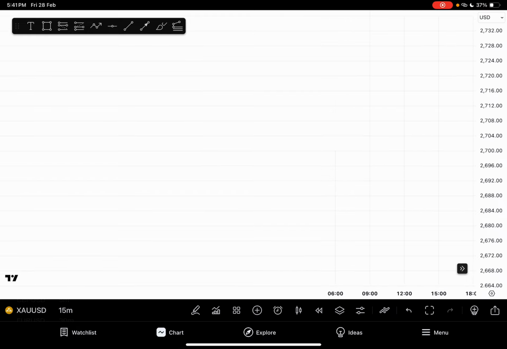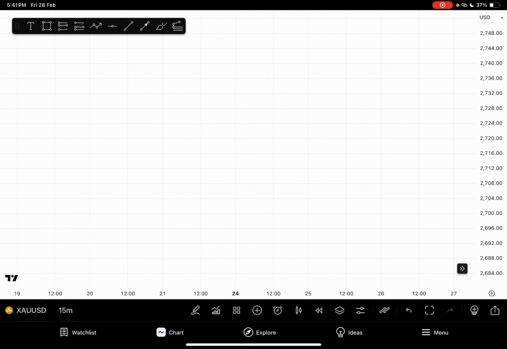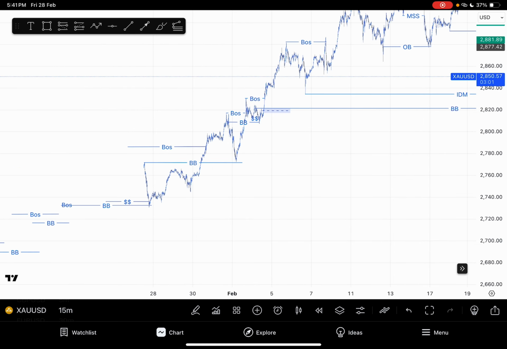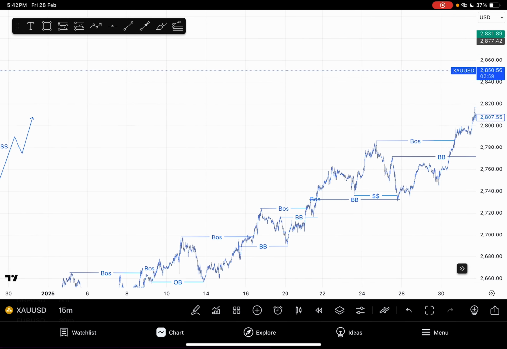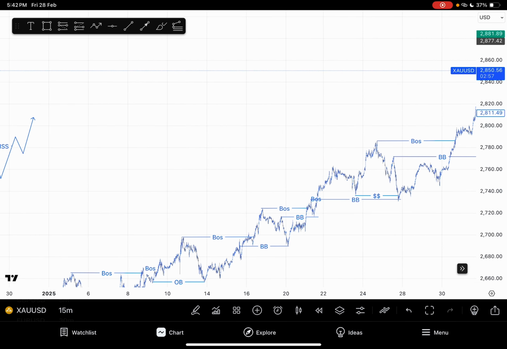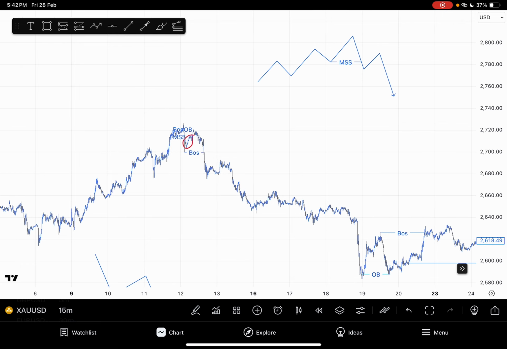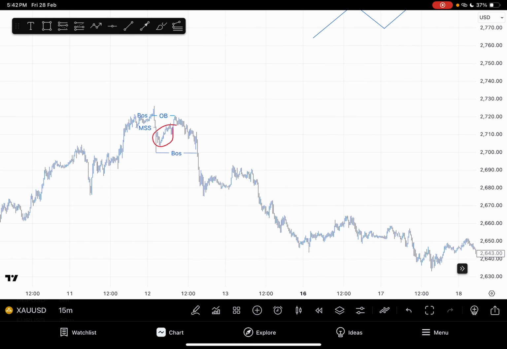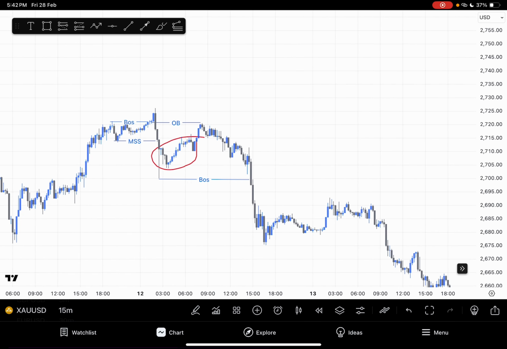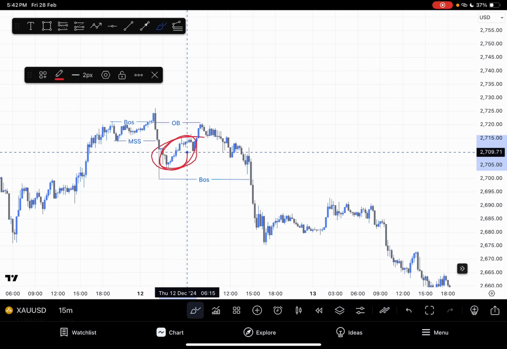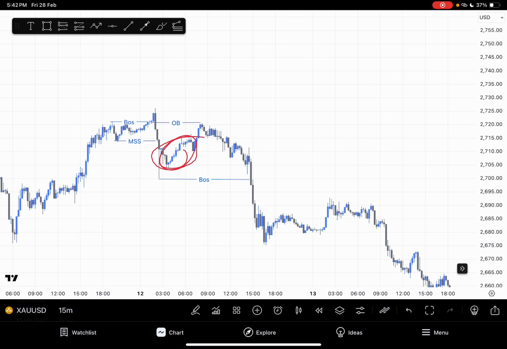If you didn't see a valid breaker block or a valid order block there, just know that especially for gold, always use breaker blocks. It doesn't respect order blocks, so I always use breaker blocks when taking my trade for gold. Even if you go down to multiple lower time frames, you won't see a breaker block on this left side.